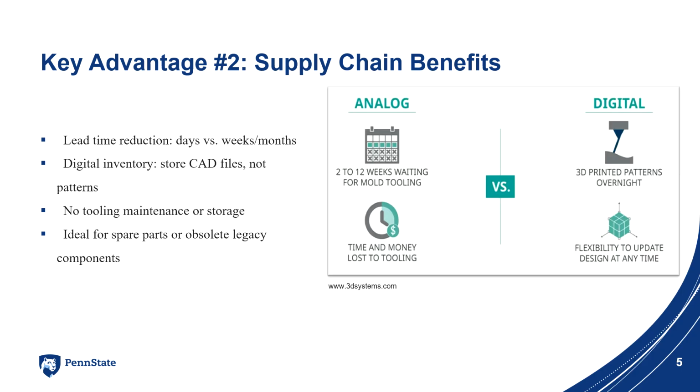This also enables what we call digital inventory. Instead of paying to warehouse thousands of legacy patterns that we might only use once a decade, we can store them as files on a hard drive and print them on demand. However, we must balance these advantages against the limitations of the process.